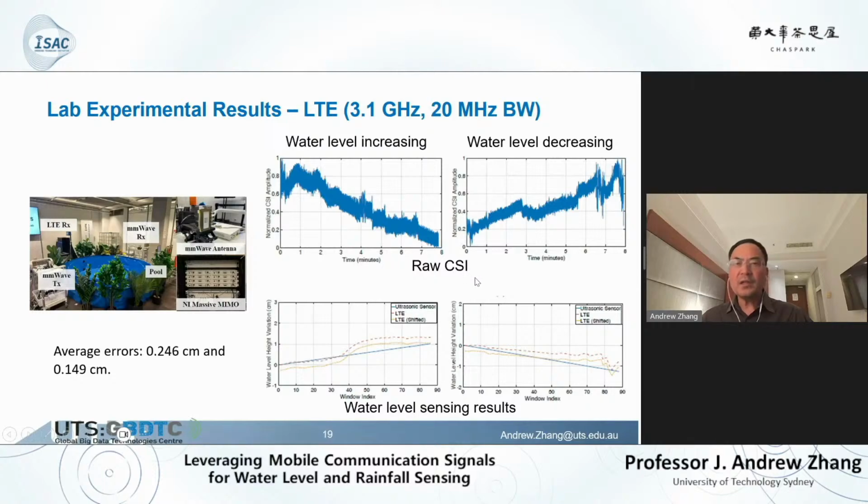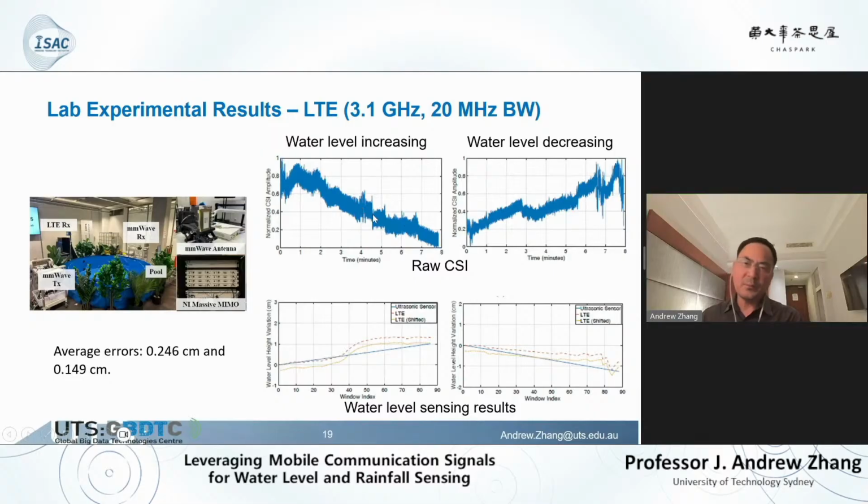Now let's have a look at how its performance is at low frequency. These results show the 3.1 gigahertz result. As you can see from the figure, the dynamic range of the signal is quite large. It's quite noisy. We can see the variance is about 0.2 here, compared to the mean power, something like 25%.